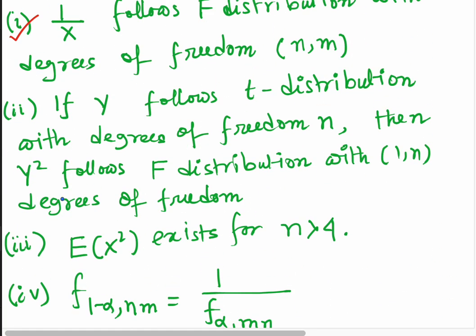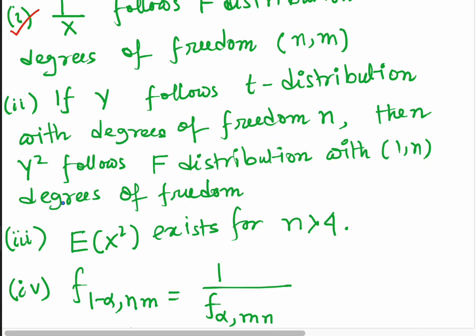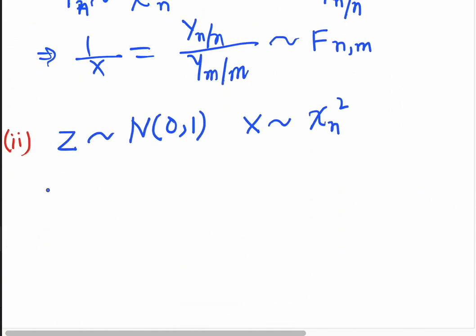Then the variable y equal to z by root over of x by n will follow a t distribution with degrees of freedom n.